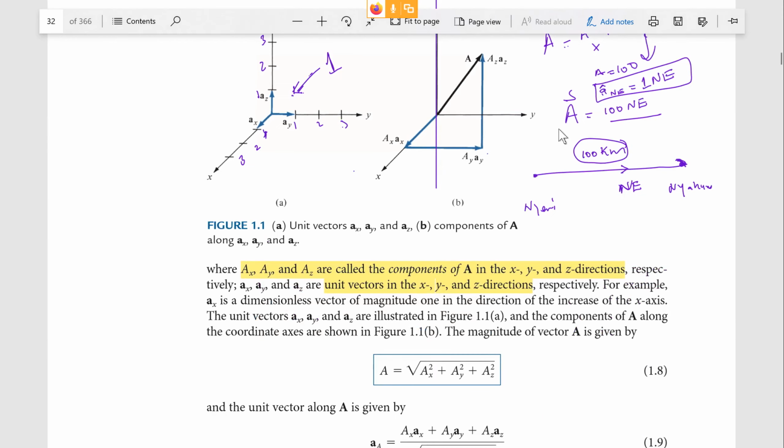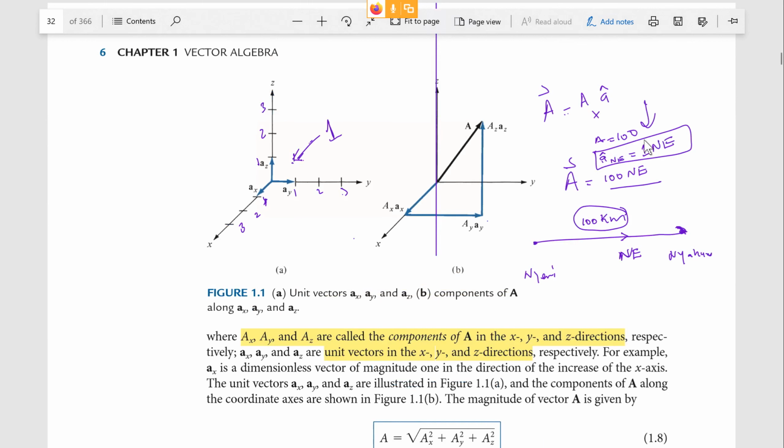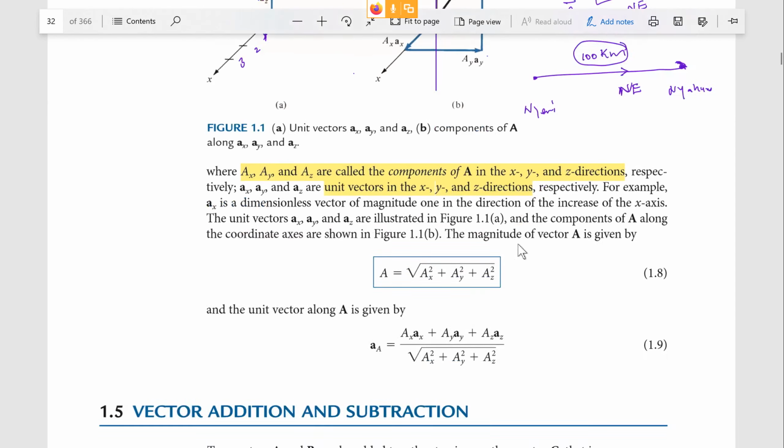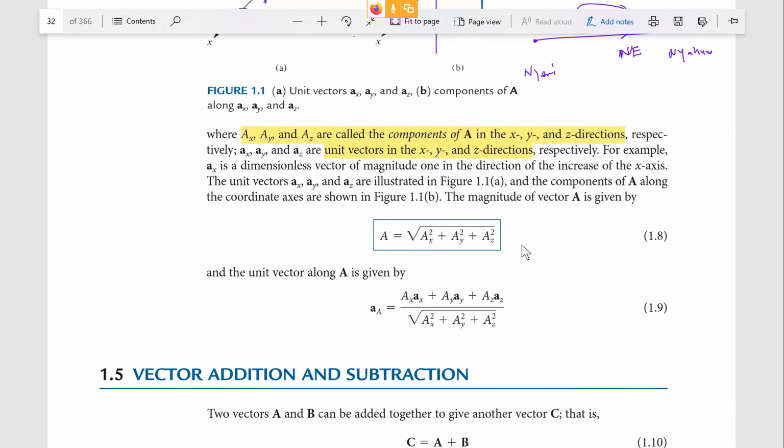I was explaining this concept, and I said that 100 kilometers from Nyeri to Nyahururu is described by a vector A that has a magnitude of 100 kilometers and direction northeast, and 1 kilometer northeast describes the unit vector, whereas 100 kilometers describes the magnitude. Okay, so we are saying that Ax, Ay, and Az are the components of the vector A in the x, y, and z directions.